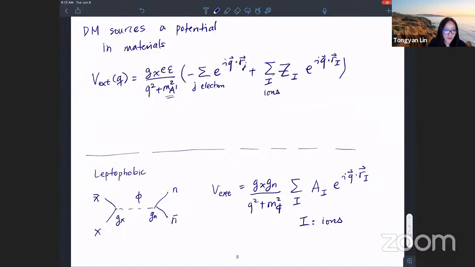You can do a study for a particular model, but usually we'll take two limits, the massless mediator limit. So that means M_A' is much less than keV. It doesn't have to be massless, but as long as it's much less than keV, then its presence in this potential can be neglected.